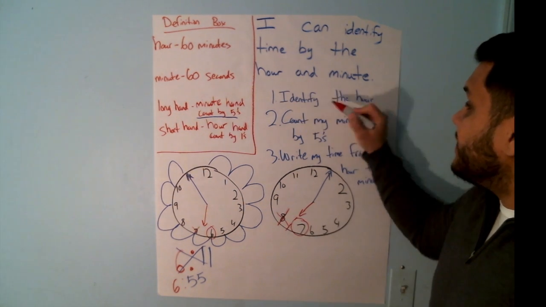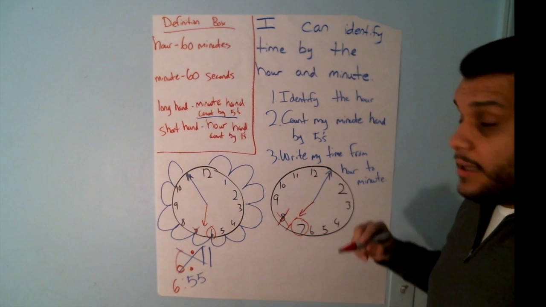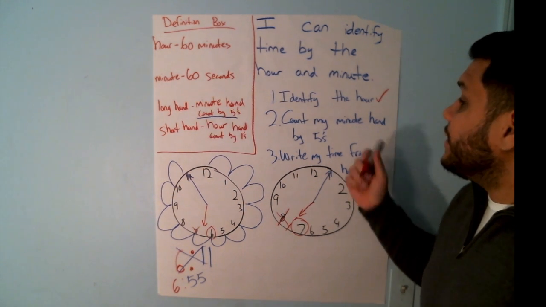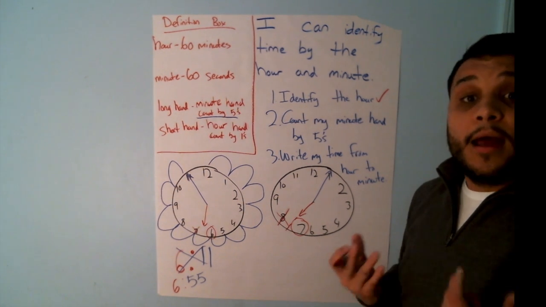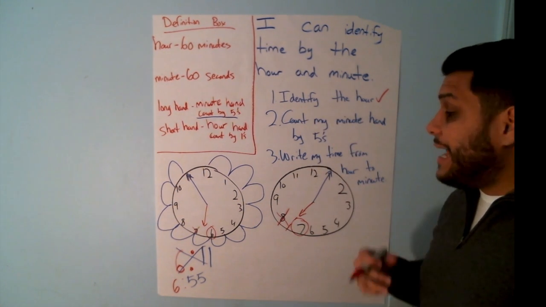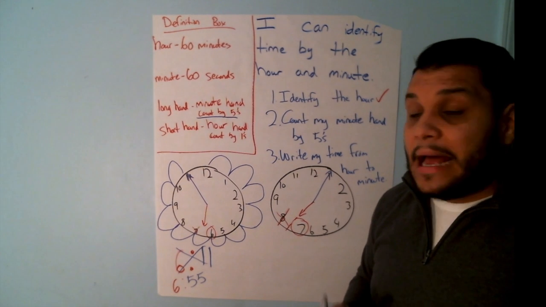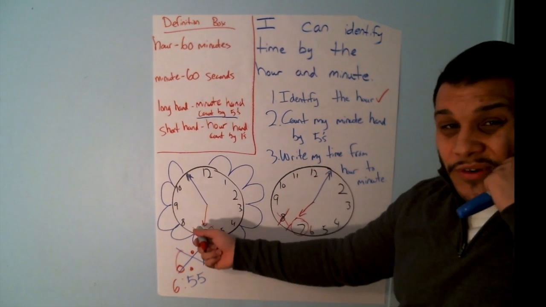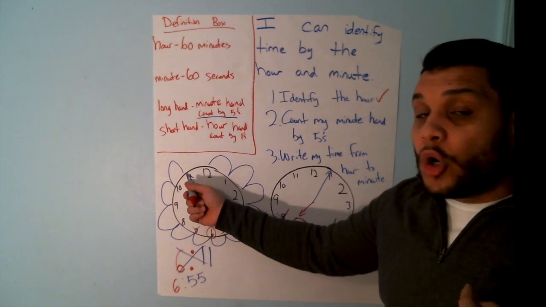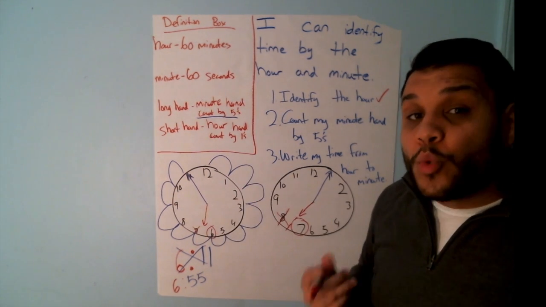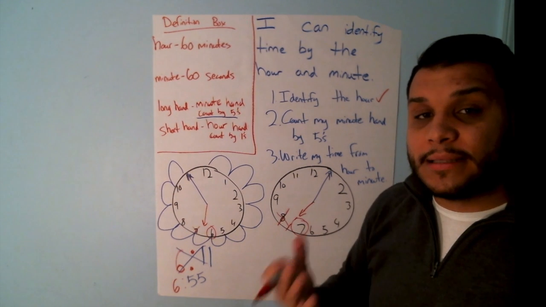Did I identify the hour? Yes. What's step number 2? Count my minute hand by fives. I didn't do this in the first clock, and that's why I needed you to help me out. Because if we don't count it by fives, we'll get the wrong answer and the wrong time.